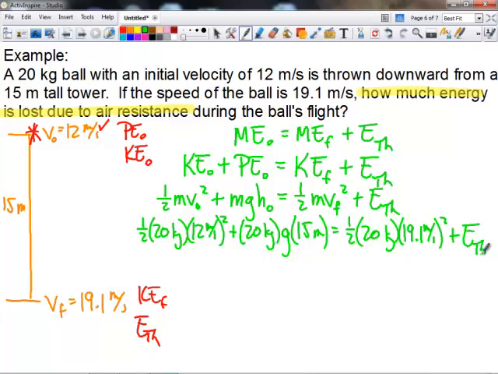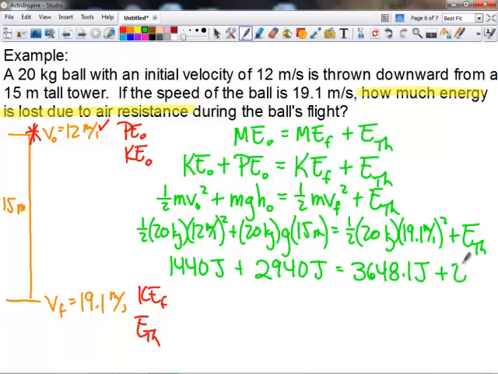So I'm going to go ahead and plug through, and I'm going to say 0.5 times 20 times 12 squared. That's 1,440 joules. Plus 20 times 9.8 times 15, which is 2,940 joules. On our final side, 0.5 times 20 times 19.1 squared, which is 3,648.1 joules, plus ETH.